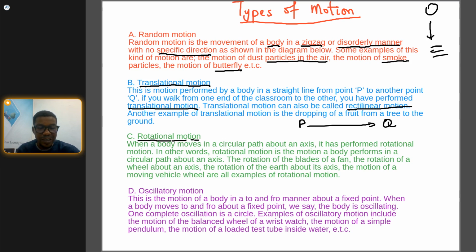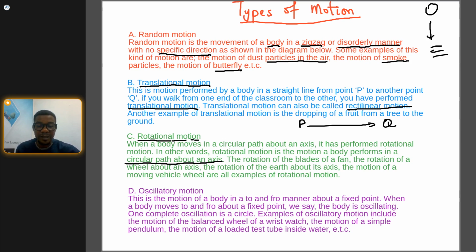When a body moves in a circular path about an axis, it has performed what we call rotational motion. In other words, rotational motion is the motion of a body performed in circular paths about the axis.